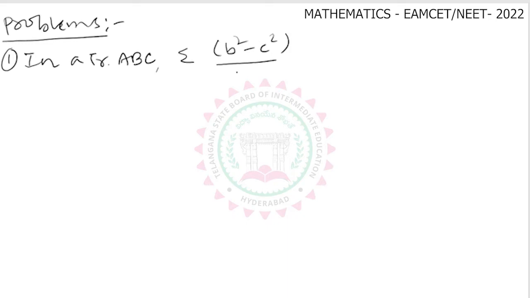Okay. In a triangle ABC, first question. In a triangle ABC, sigma b square minus c square by a into cos A is equal to, the options are s, 0, delta and 2 delta.